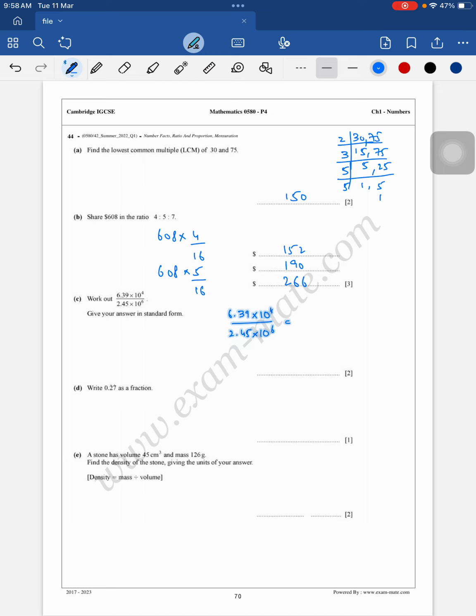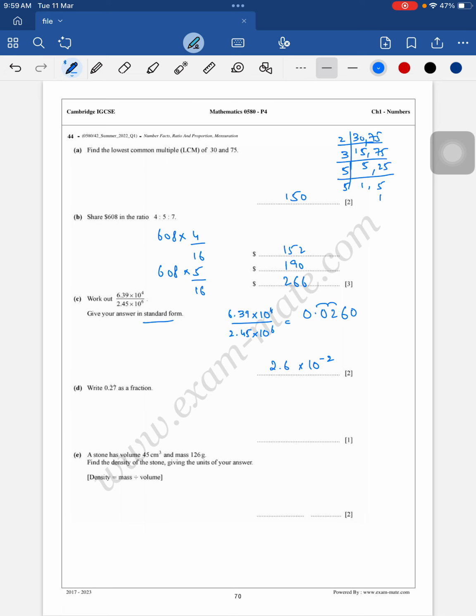So we are getting 0.026, right? And in standard form we have to put the answer 0.0260. So for standard form we move 2 decimal places over here: 2.6 x 10 to the power minus 2.